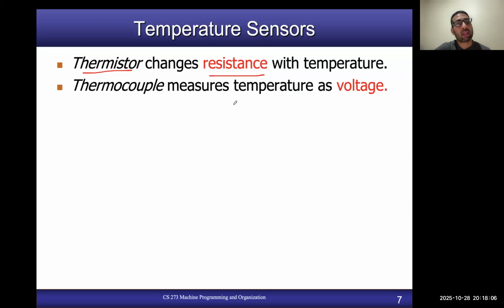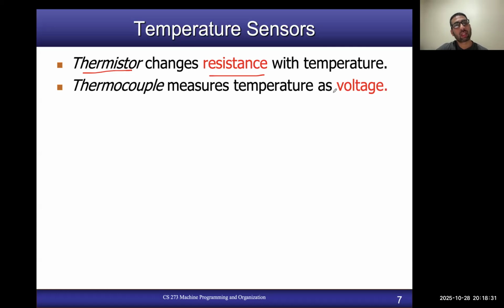A thermocouple is also a sensor that measures temperature, but it measures temperature as a voltage. So if you increase the temperature, the voltage generated by a thermocouple sensor will increase. If you reduce the temperature of the environment, the voltage produced by the thermocouple sensor will reduce, right? So you don't need to do conversion manually.